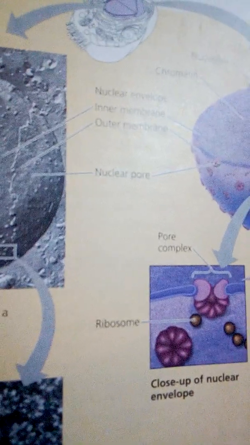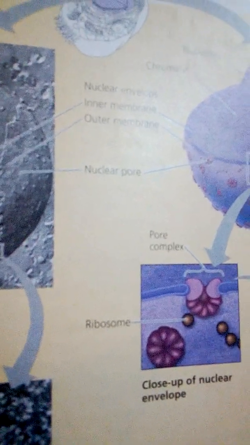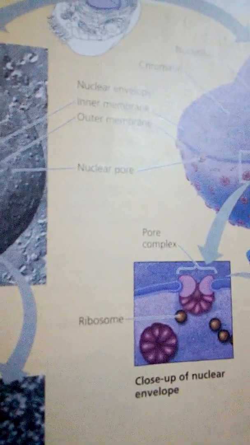Sometimes there are 2 or more nucleoli. The number depends on the species and the stage in the cell's reproductive cycle. Recent studies have suggested that the nucleolus may perform additional functions as well.